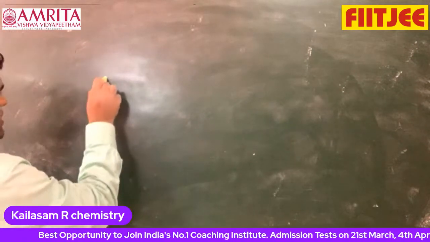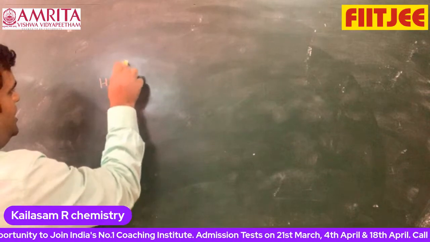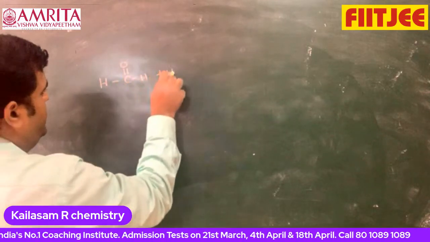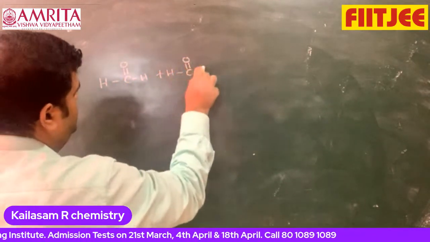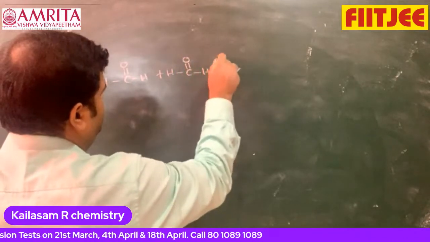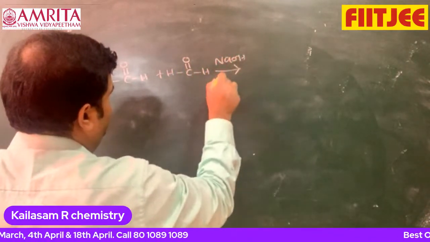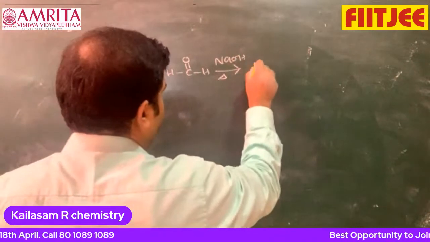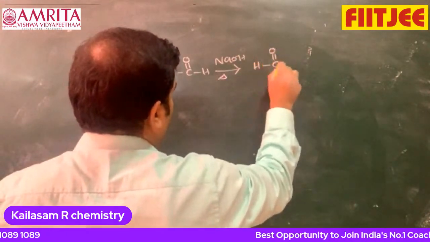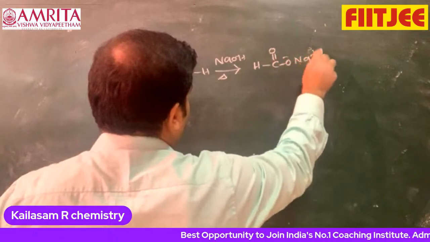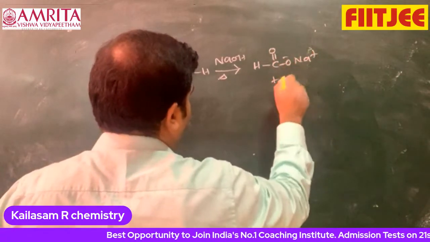Look at this: I'm taking H, C double bond O, H, plus H, C double bond O, H in the presence of NaOH. Heating is a must. You are going to get H, C double bond O, O minus Na plus, and CH3OH.